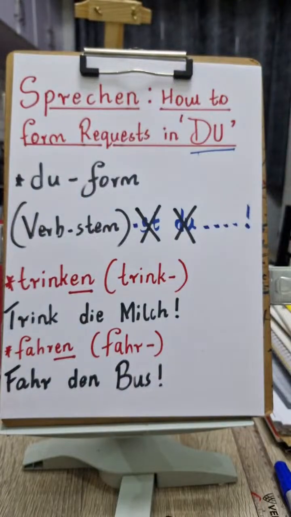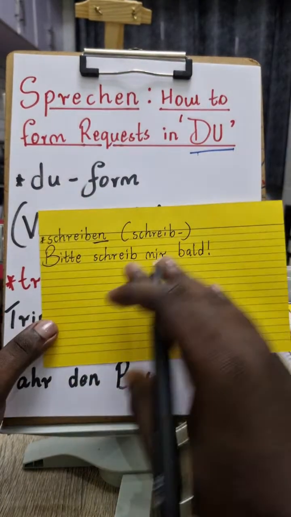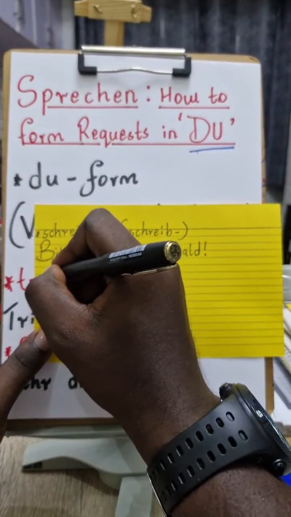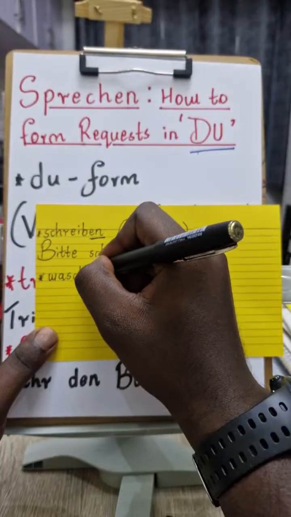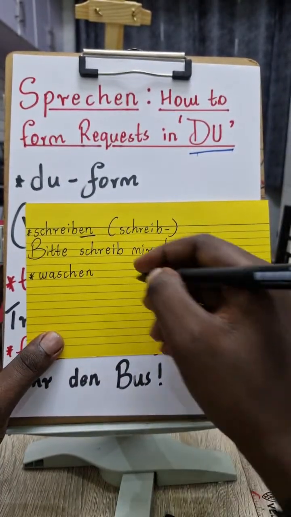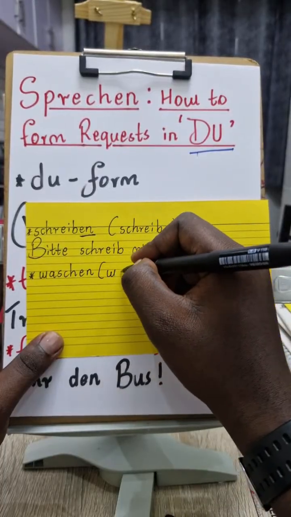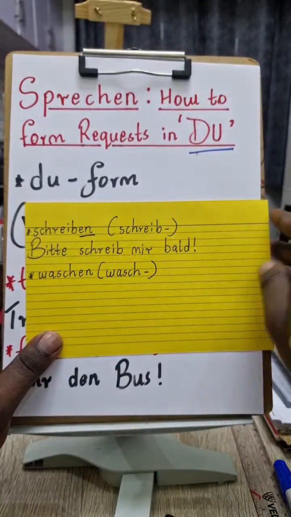Okay. Now let's pick two more examples. Enter somebody. Please wash the car. To wash, the verb is waschen. So if you do the same thing, remove the ending en, now I am left with wasch.